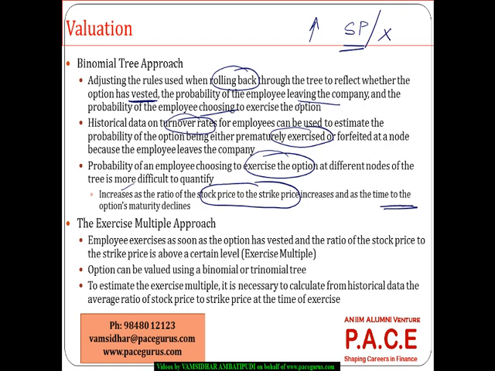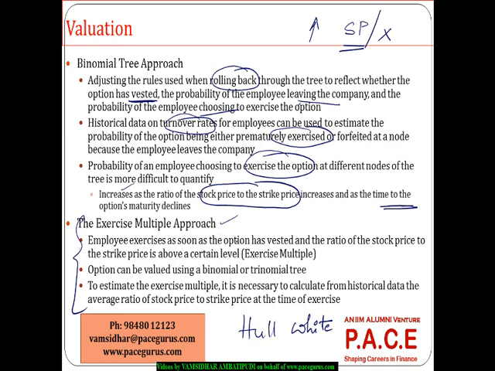So we can use the binomial tree which we have used with these kinds of additional rules and additional formulas going into the calculation. But this is one more way we can do the valuation and find the expense. The third method which has been suggested by Hull and White is the exercise multiple approach.